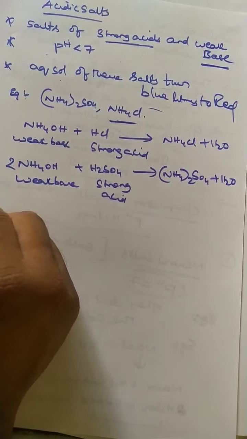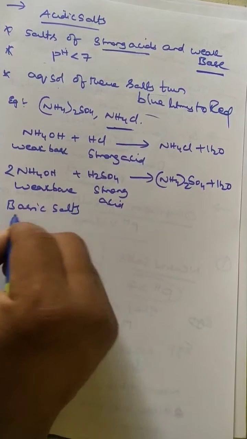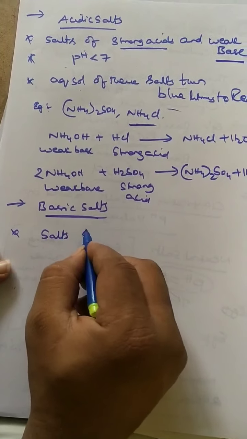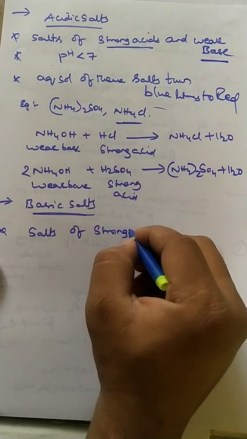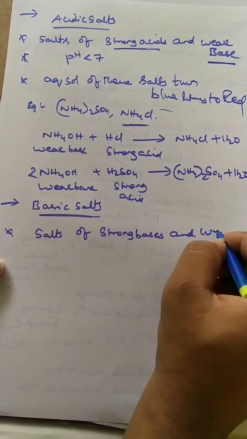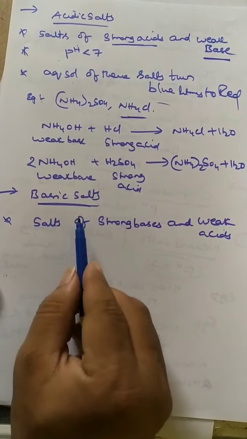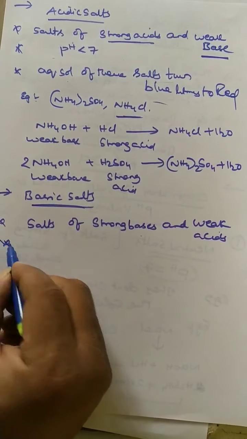Now coming to basic salts. These salts are formed by the combination of strong base and weak acids. Basic salts are the salts formed due to the combination of strong base and weak acid.